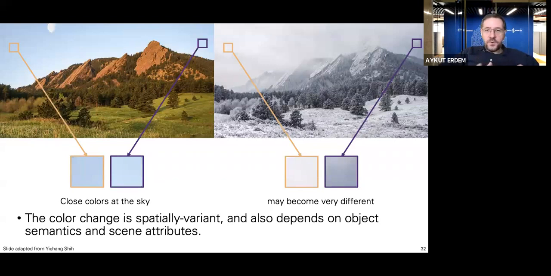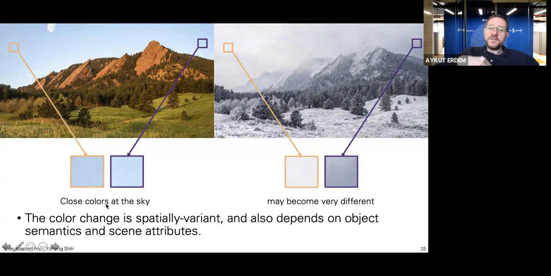Now I can continue with the difficulties associated with this problem. The first difficulty is that in order to make this translation, you need to take into account the underlying semantics and corresponding scene attributes. What do I mean by that? For example, here, see these two different positions in the given input image. If you look at those pixels, you may notice that they have similar colors.